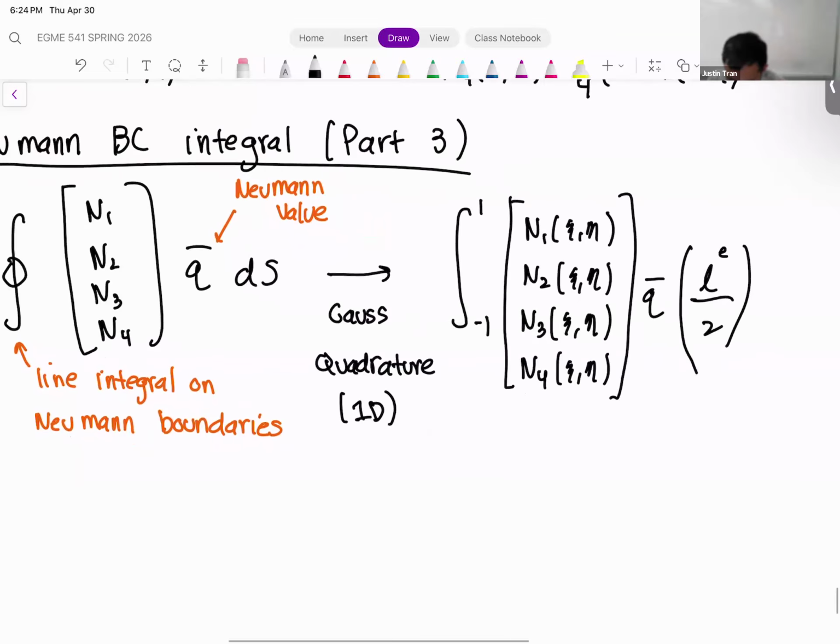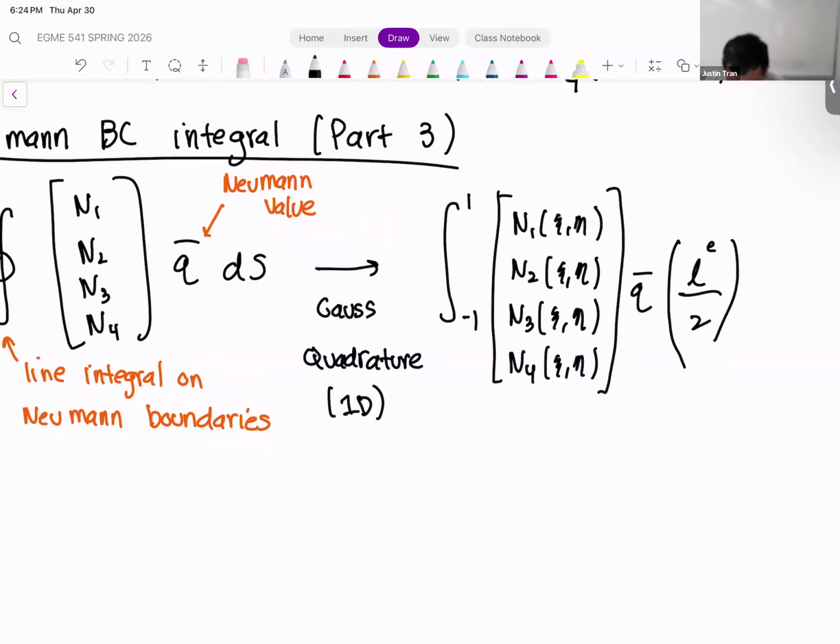It's just the length of the element divided by 2, where LE is the length of the element's edge. This entire term is our 1D Jacobian.